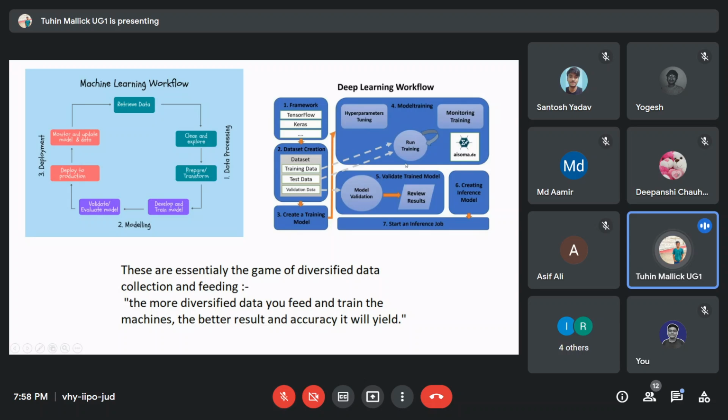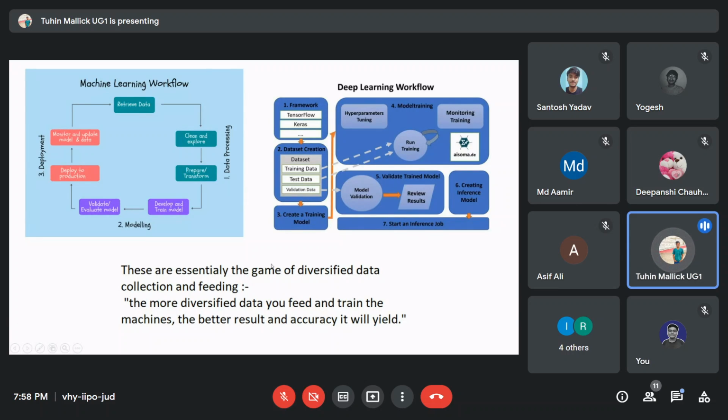And validate the trained model. What is validating the trained model? We have to validate that yes, these are the ultimate models that we need for this particular work, which can display the results according to our needs, then create an inference model and start an inference job, which is the final work. So these are the subparts of the deep learning workflow.